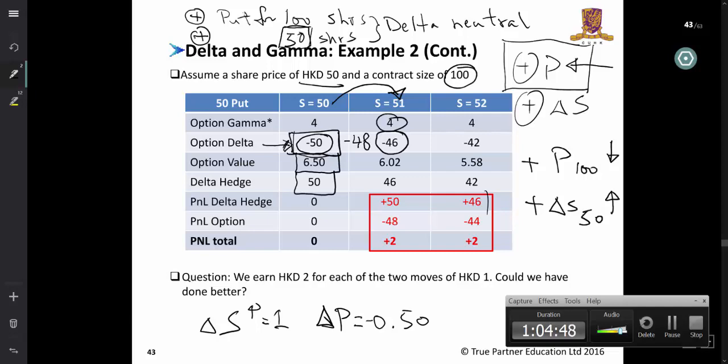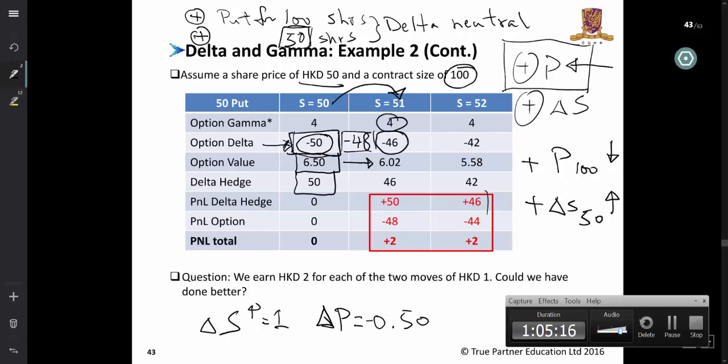And I can now determine my option value. It starts at 6.50, and I know I have lost money. How much have I lost? I have lost 48 cents. So my new option value will be $6.02.